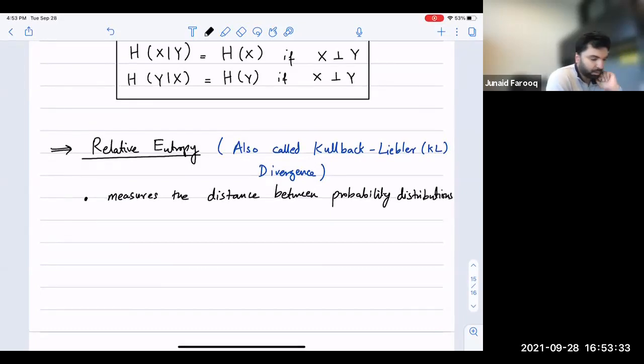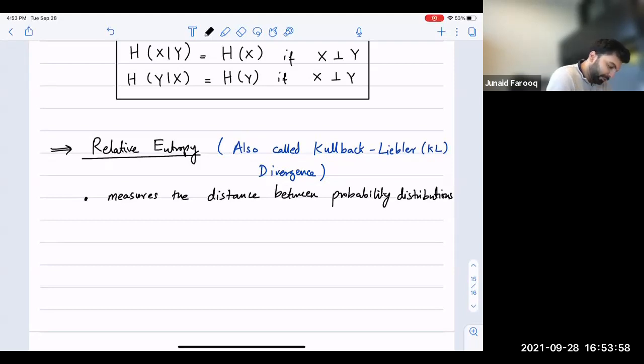Nowadays, it's used a lot in machine learning applications and loss functions, where sometimes the loss function is in terms of the KL divergence between the source distribution and the target distribution of data.